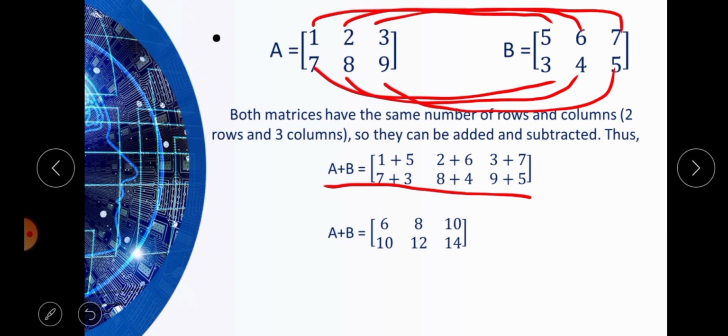And 9 plus 5 is 14. So matrix A plus matrix B is equal to 6, 8, 10, 10, 12, 14.